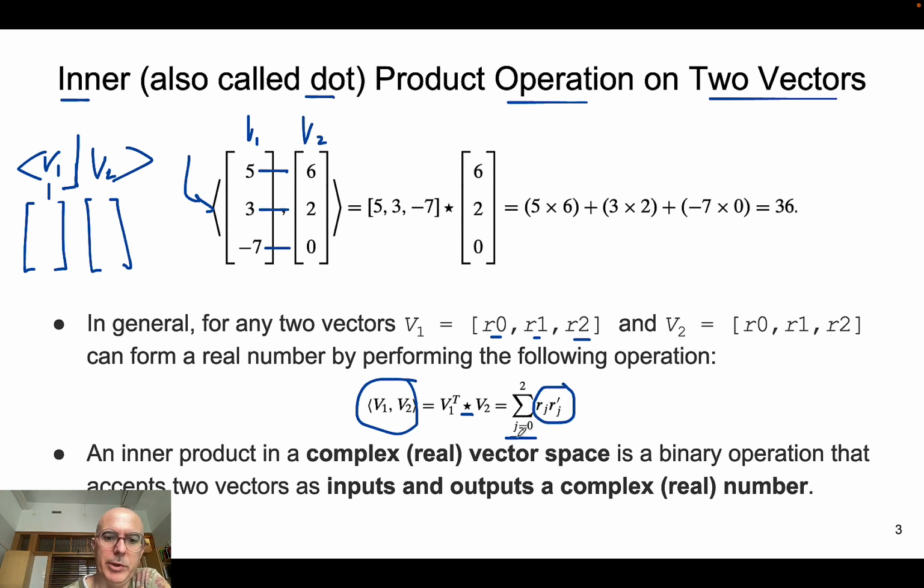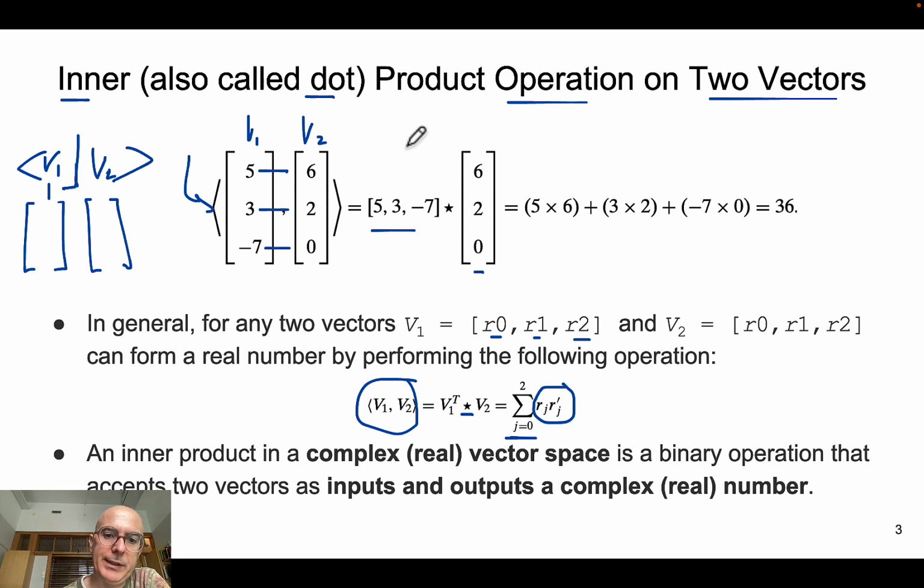In this case, I use elements from real numbers, but we can do exactly the same thing using complex numbers. An inner product in a complex vector space is a binary operation that accepts two vectors as input and outputs a complex or a real number.